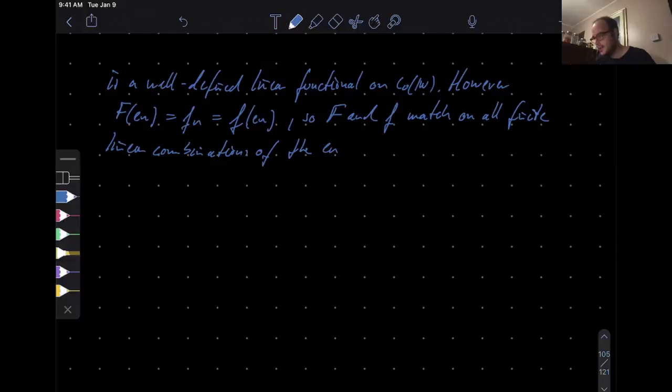Yeah, but those are dense. That's the reason why c_0 in the infinity norm is separable. This will be an exercise.